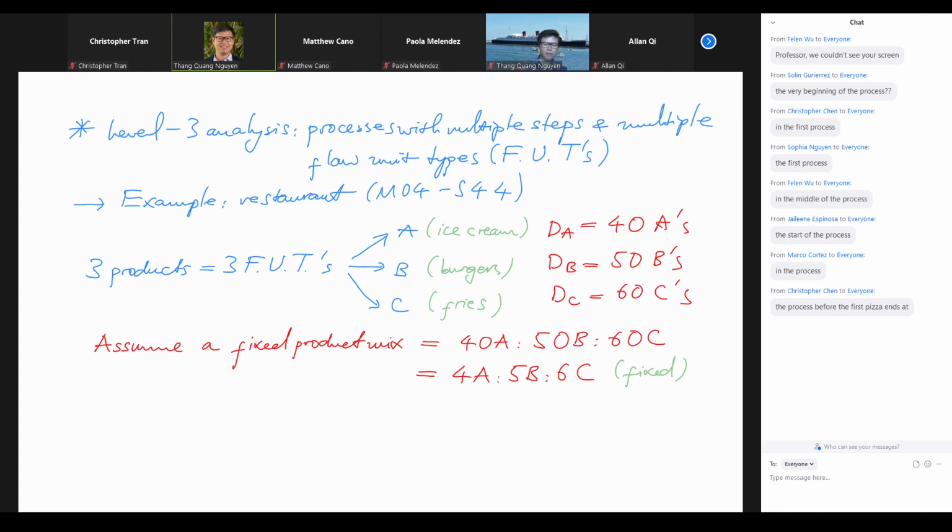So we have to find a common unit among them so that we can add things up. In that case, we choose the common flow unit as a minute of work.